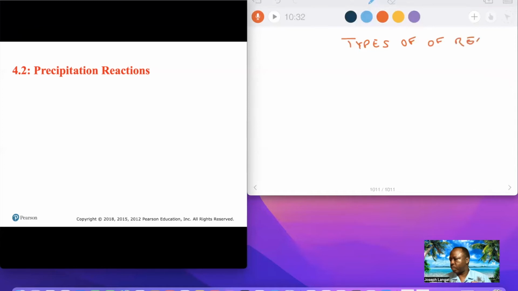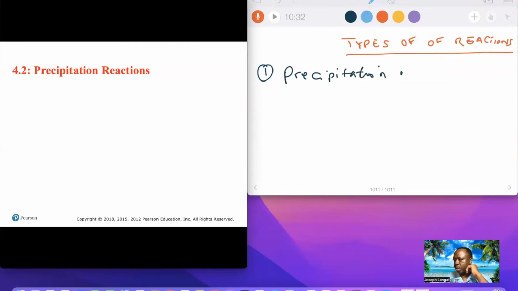One is the precipitation reaction. That means you mix two clear liquids and a solid falls out. These are reactions which produce a solid product.